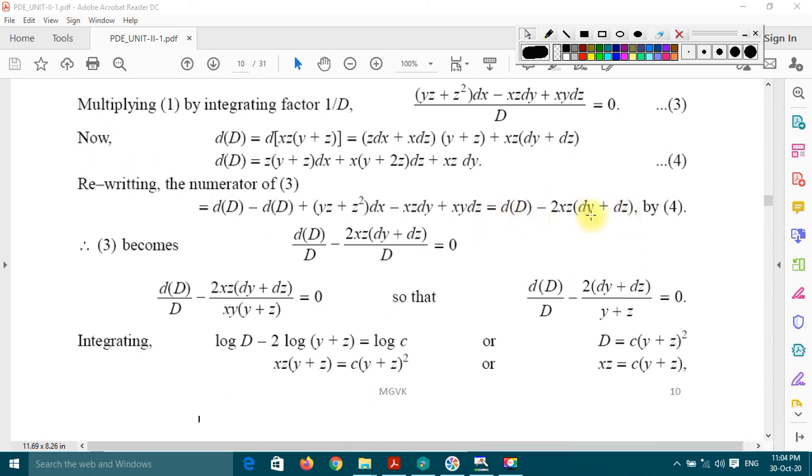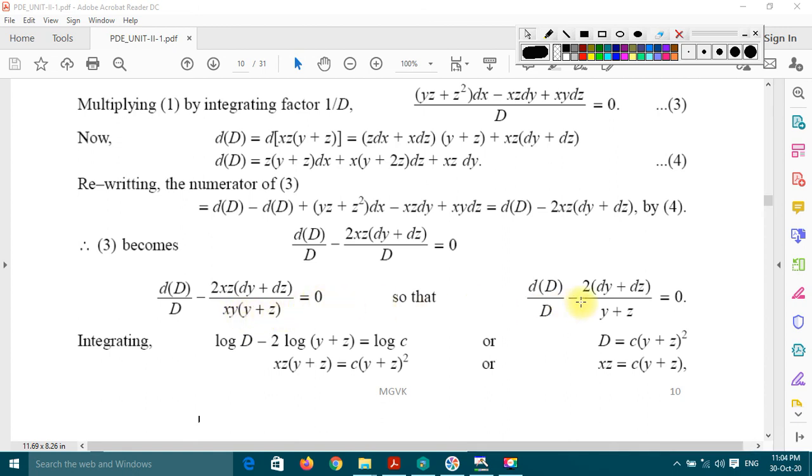This is the numerator of equation number 3. Now we divide it by D, then equation 3 becomes in this way: exact total differential of D upon D minus 2xz dy plus dz upon capital D is equal to 0. So here we substitute the value of capital D, then we get total differential of capital D upon D minus 2xz d of y plus z, dy plus dz, upon xz into y plus z is equal to 0.